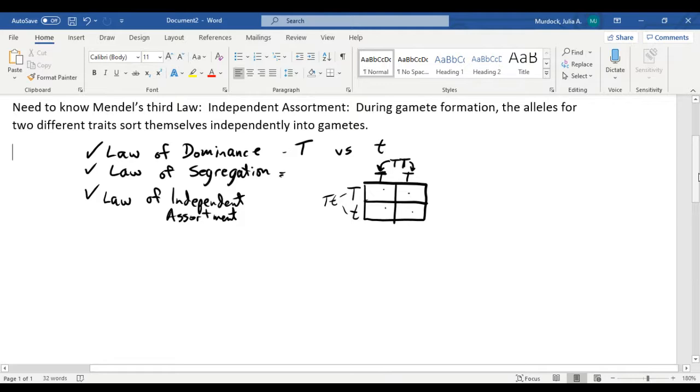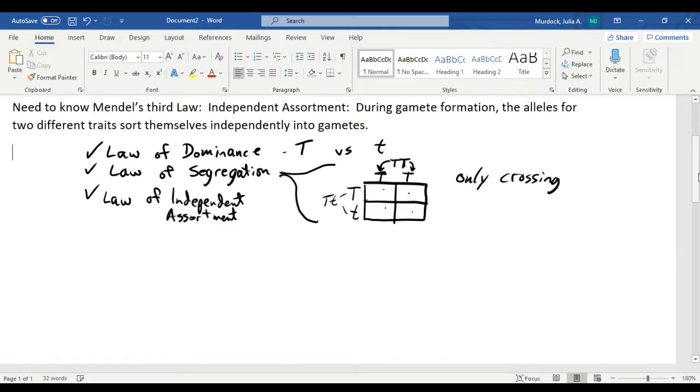The law of segregation is when you're only crossing a single trait. It's dealing with the separation of the alleles from one trait. So with independent assortment, you're crossing two at a time. Okay, let me take an example here.